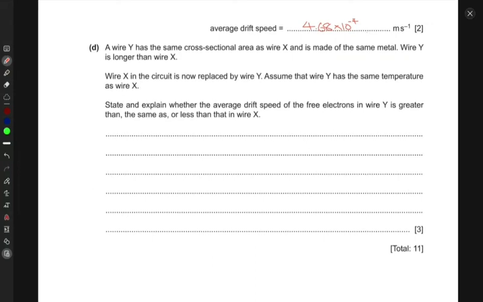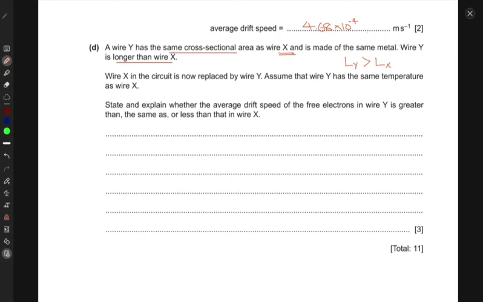Now, the next part says a wire Y has the same cross-sectional area as wire X. So there are two wires now, one is X and one is Y. Y has the same cross-sectional area and is made up of the same metal. Wire Y is longer than X, so the length of Y is greater than the length of X, but the area and the metal are the same.